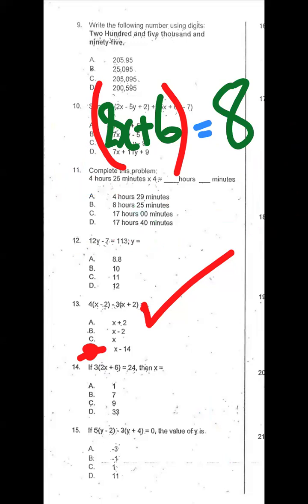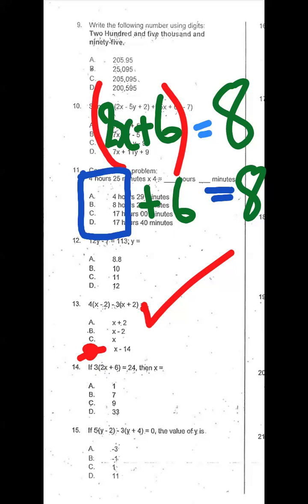So now we have a similar dilemma. What do I add to 6 that will give me 8? 2x equal, oh, before I even get there, what do I add to 6 to get 8? 8 minus 6 is 2, so we're going to put 2 in there.